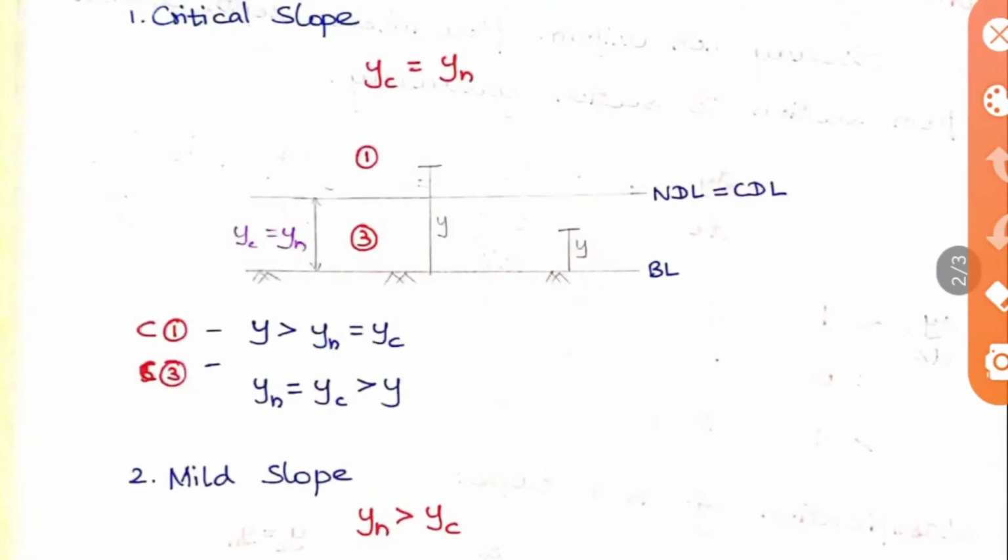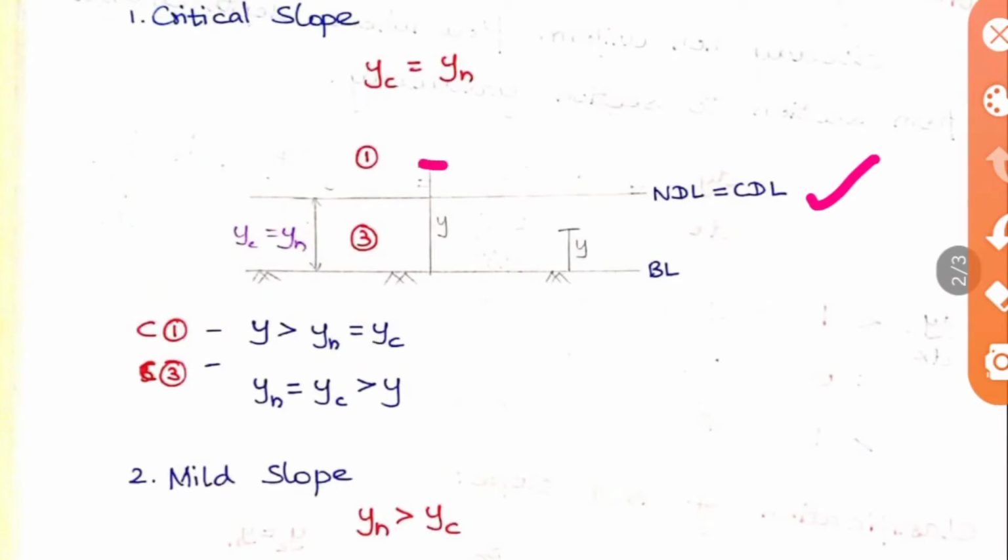So here the first one is your critical slope. So we know that in critical slope the yn will be equal to yc and S also will be equal to the critical slope only. So here the normal depth line will be equal to the critical depth line in this case. So now the critical slope itself can be classified into two types. To classify, you have to take a depth above the line and below the line of the critical depth line.